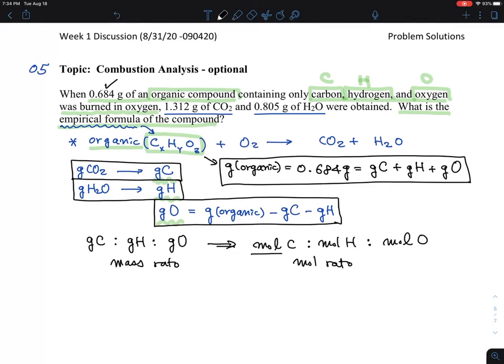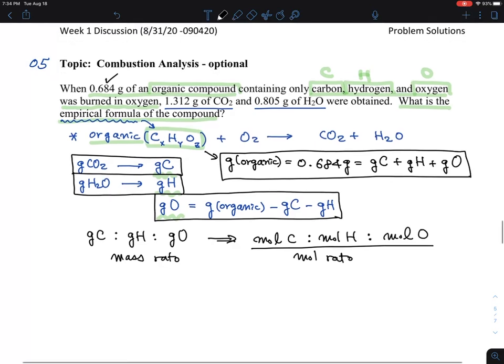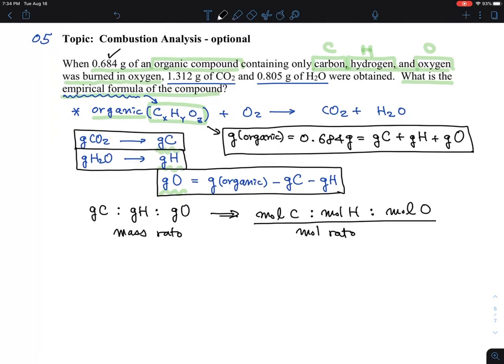And you need to find the closest integer to figure this one out. And if this mole ratio is x, y, and z, then your empirical formula has x number of carbon, y number of H's, and z number of oxygen, and that will be what we call the empirical formula.